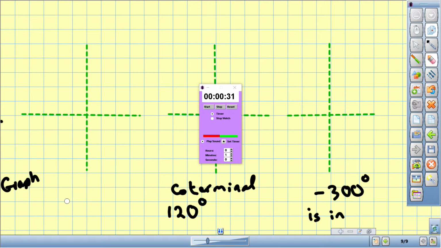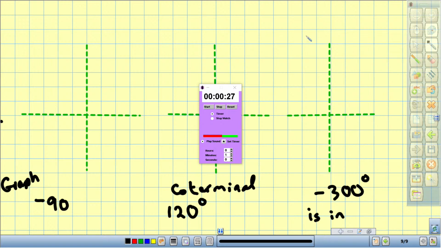Graph negative 90. Where is negative 90? Find a coterminal for this thing.